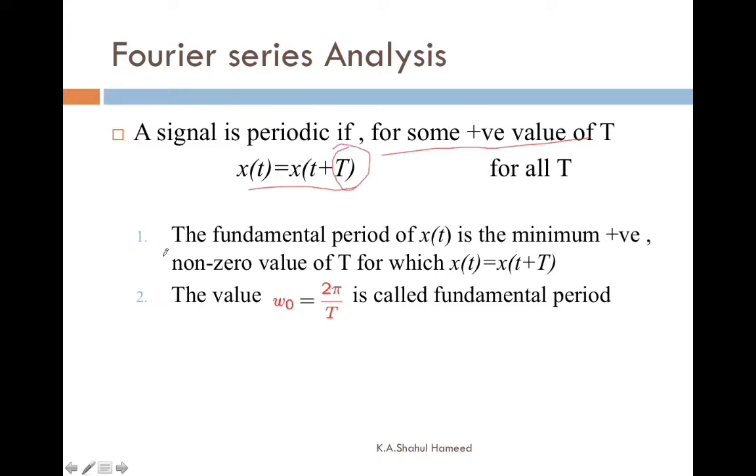Here, the fundamental period of x of t is the minimum positive non-zero value of capital T for which x of t equals x of t plus capital T, and omega naught, the angular frequency, is equal to 2 pi by T, where T is called the fundamental period.